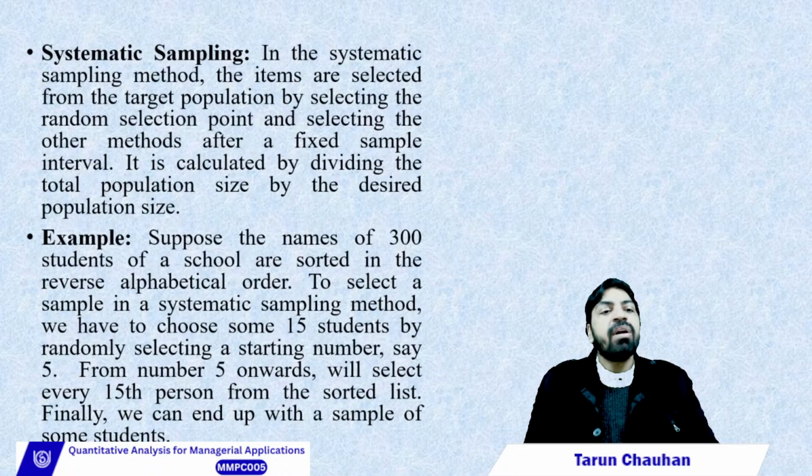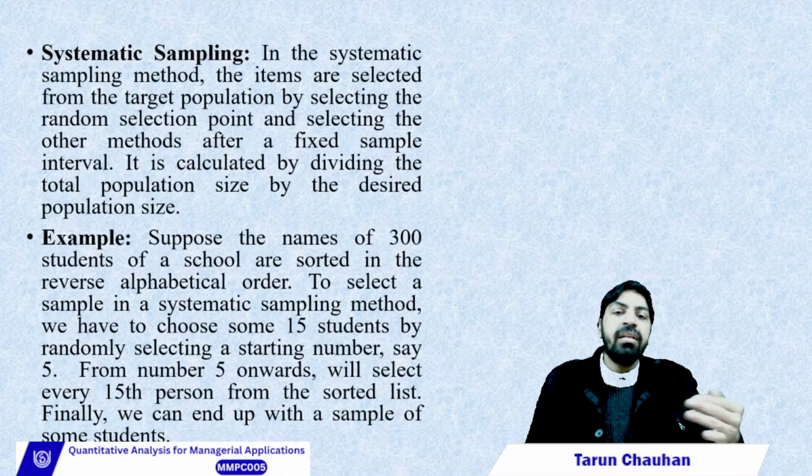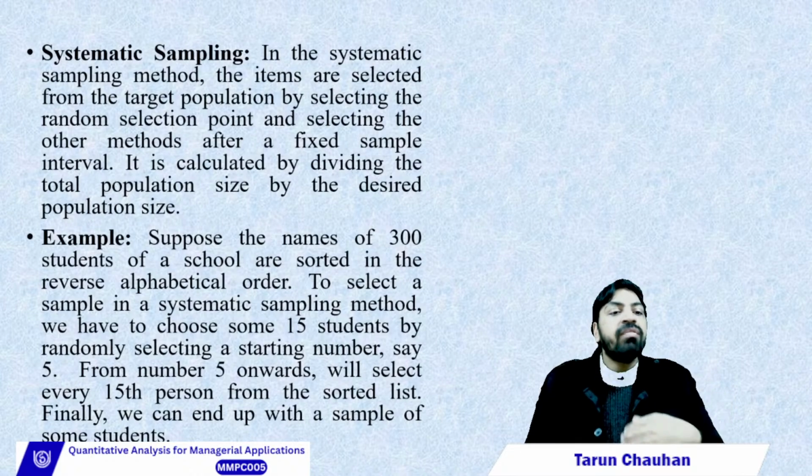Suppose the names of 300 students of a school are sorted in reverse alphabetical order. To select the sample in the systematic sampling method, we have to choose 15 students by randomly selecting a starting number, say 5. Then we go to 10, 15, 20, 25, 30.